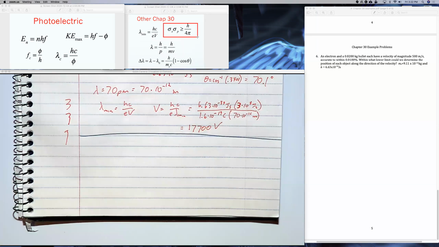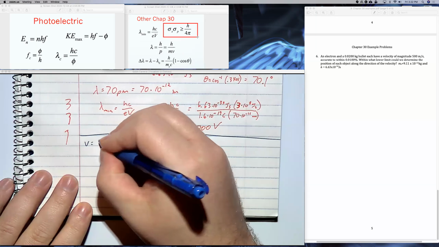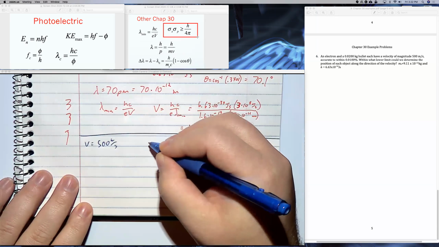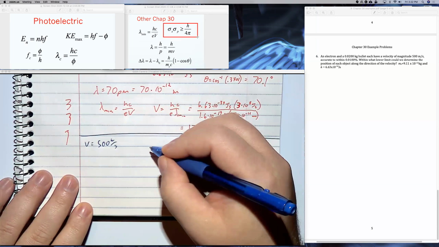But this is about uncertainty principle, that the uncertainty in position times the uncertainty in momentum is at least h over 4 pi. I'm not going to bother rewriting it again. Now, we say that this has a velocity of 500 meters per second, and the accuracy of it is 0.01%.